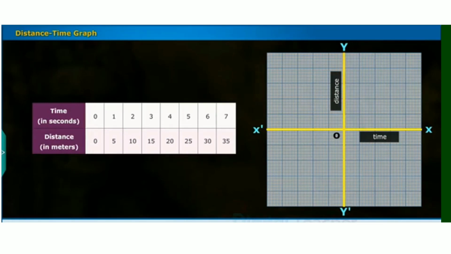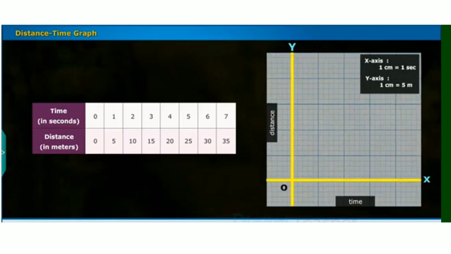Choose a scale to represent the distance and another to represent the time on the graph. For the motion of the car, the scale could be, x-axis: 1 centimeter equals 1 second, and y-axis: 1 centimeter equals 5 meters. Mark values for the time and the distance on the respective axes according to the scale we have chosen.